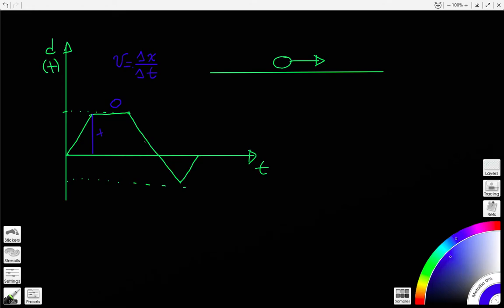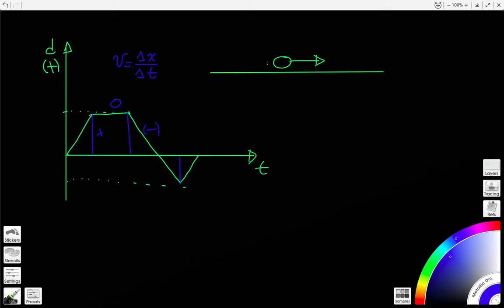From this point up until this point, since we are moving negatively on our plane, we have a negative velocity. Why?